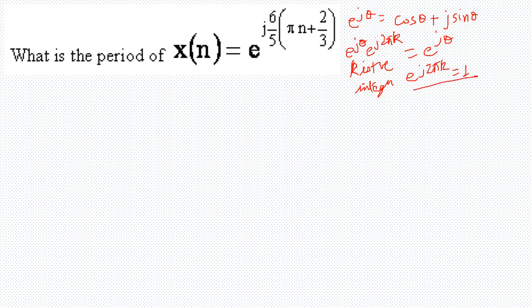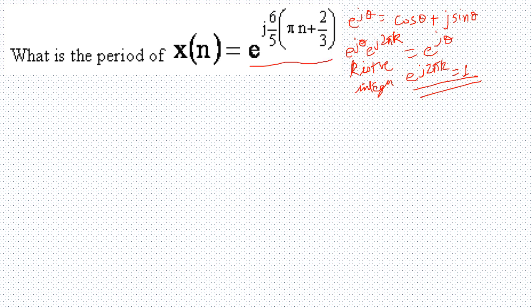This is the property where k is an integer. It can be a negative integer also, but for our case, let's say it's only a positive integer, so it's always 1. We will be using this for finding the period of this signal.